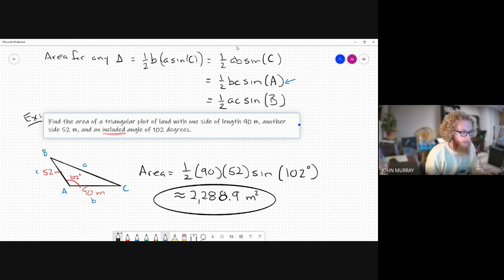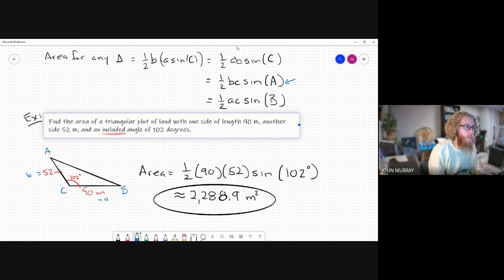So again, just real quick, if I change up my letters here, so let's say I made this A, I made this B, I made this C. So this would be side B, this would be side A. I have A and B and angle C. All right, so again, I'm just showing you here that it doesn't matter how you set up your letters.